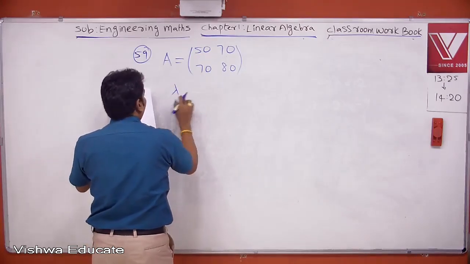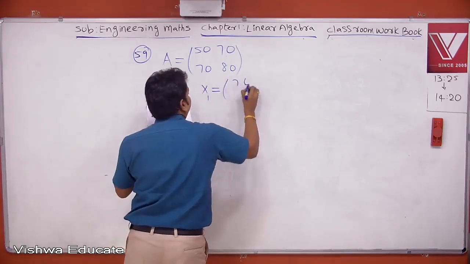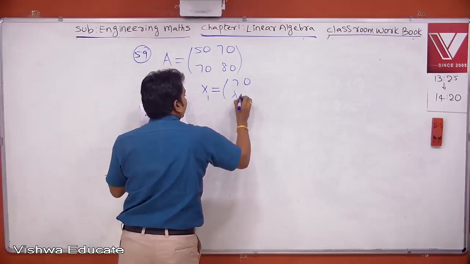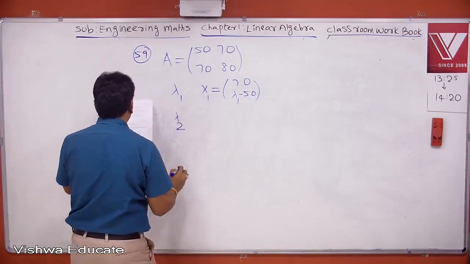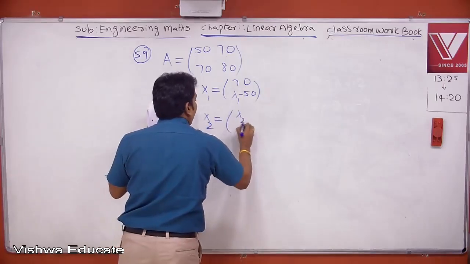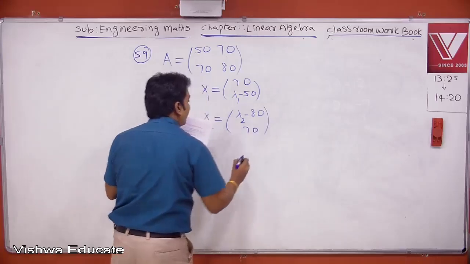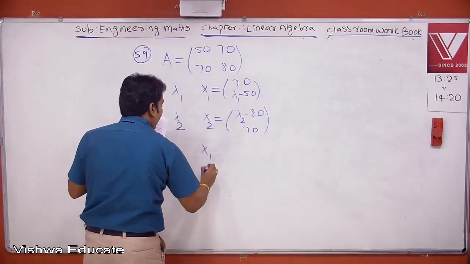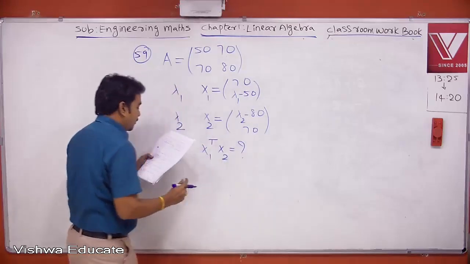With respect to lambda 1, the eigenvector x1 is given by 70, lambda 1 minus 50. And with respect to the second eigenvalue lambda 2, the corresponding eigenvector x2 is given by lambda 2 minus 80, 70. We need to find x1 transpose into x2.